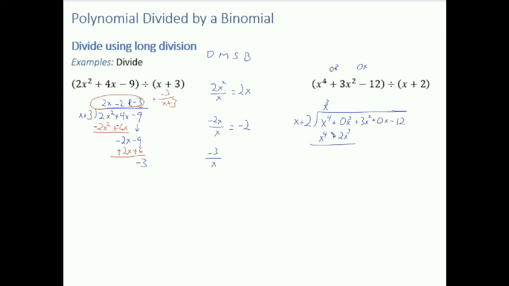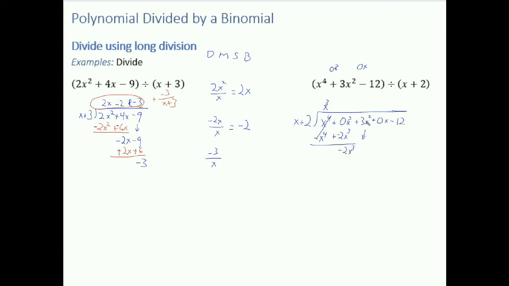So we multiplied, and now we subtract. When subtracting, we like to change our signs. They were both positive, now we'll change them to negative, and we'll combine those. This should be 0, and this is why we write the 0x cubed, because now we have like terms lined up, and we can just say this is negative 2x cubed.